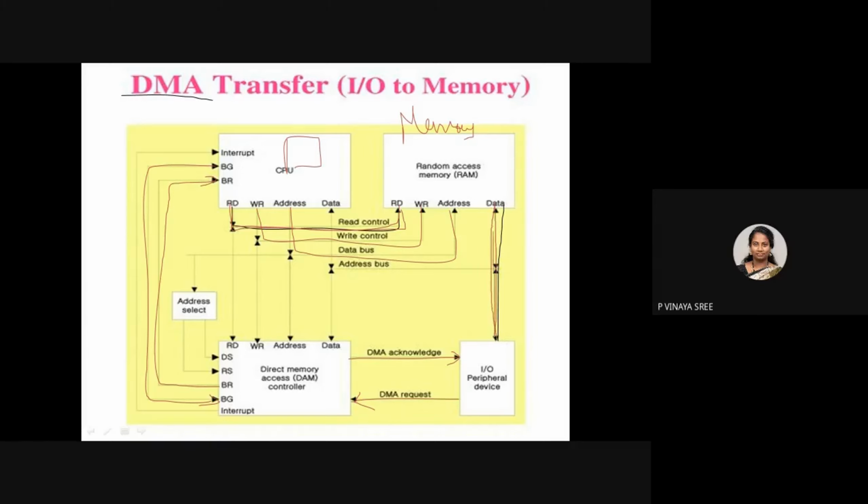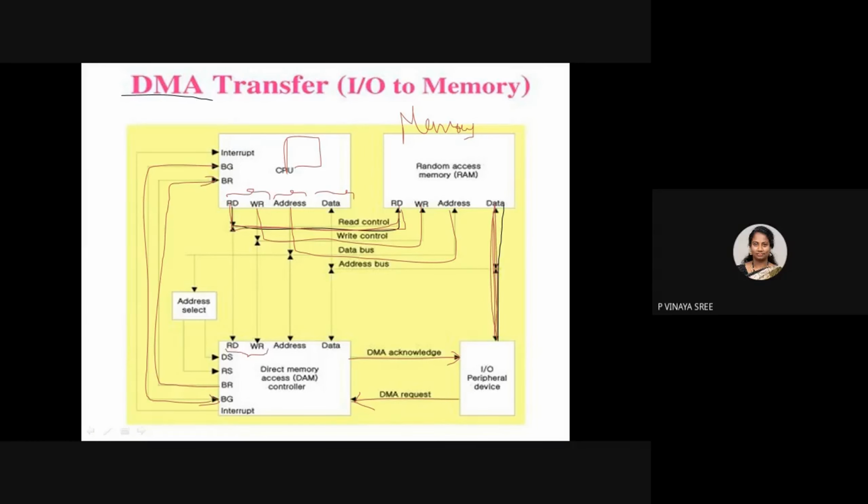In order to transfer the data, we need an address to go to that location and place the data inside that address, and the data lines are used for carrying the data. So the read, write, address, and data lines that are available in the processor will also be available in the DMA controller.